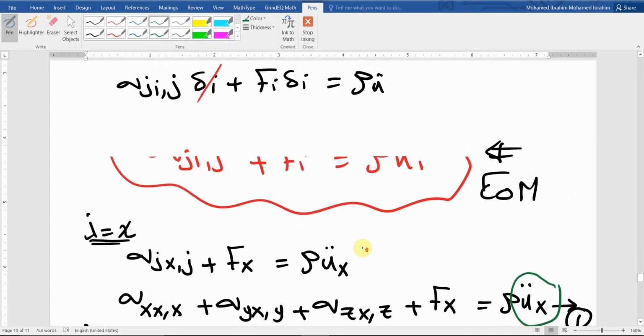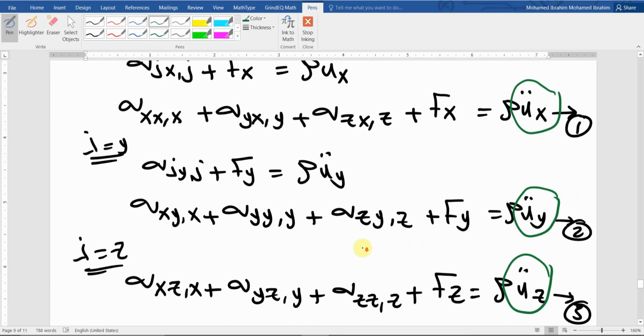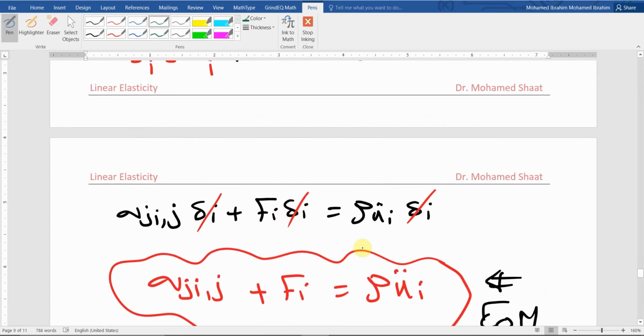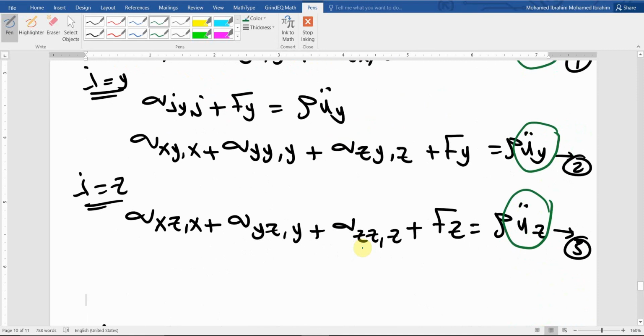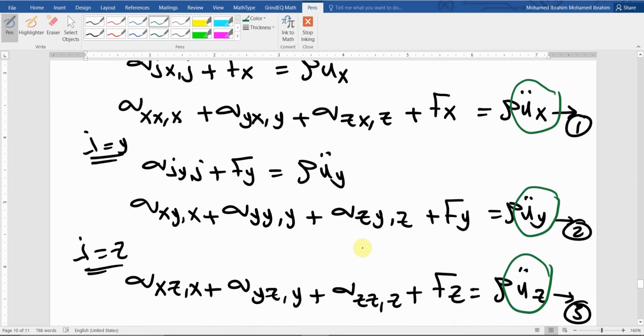Okay? So what we did here is a general formulation starting from the mechanics of the particle until we end up with the equation of motion of the continuum, and we wrote these equations of motion in the explicit form as the 3 equations given here. Make sense?